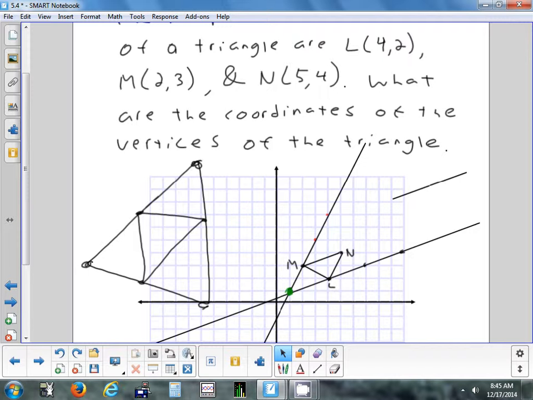Somebody else tell me the steps to figure that out. You're doing good, Connor, but let's try to get someone else. How can I get that third side in there? Think a little bit. You're going to be a little creative with it. We've already done it for 2.